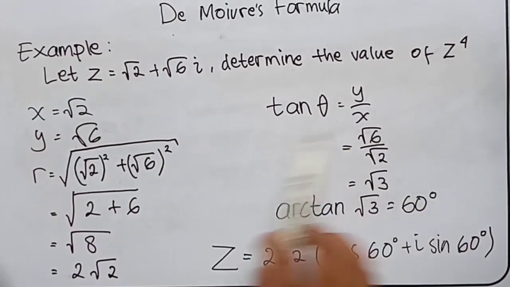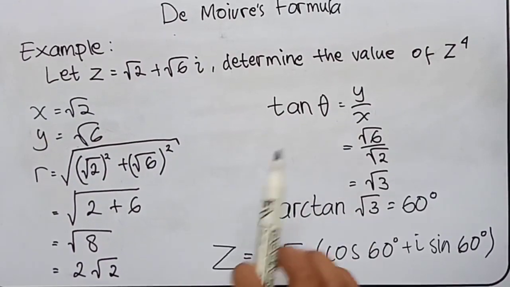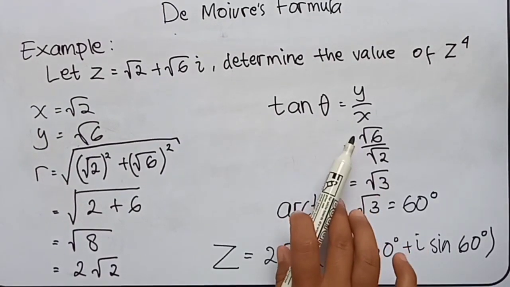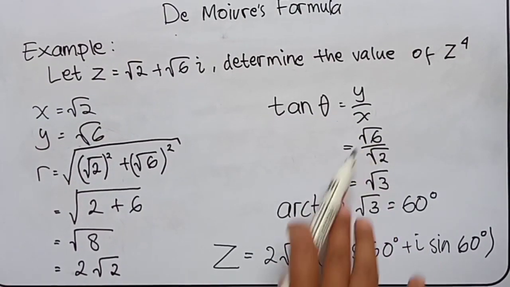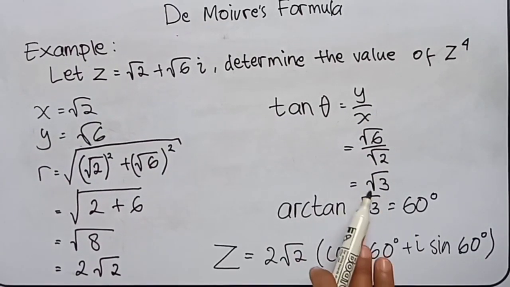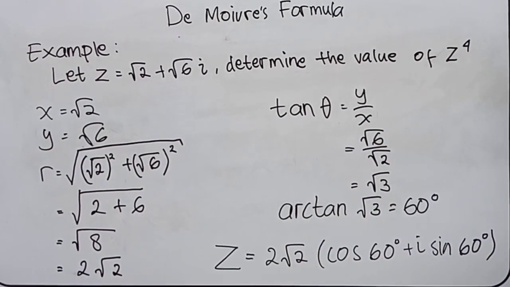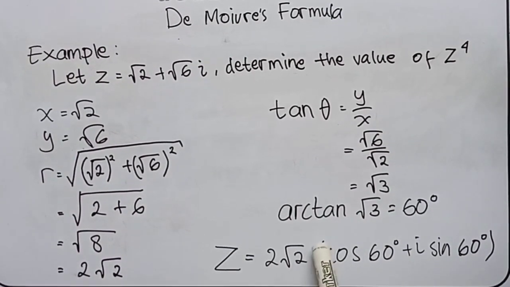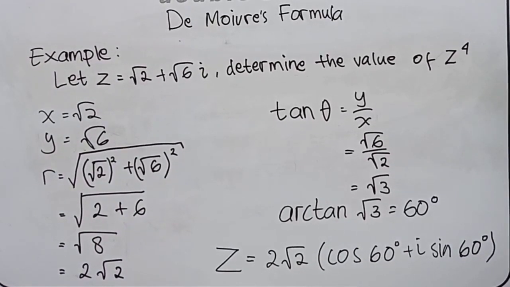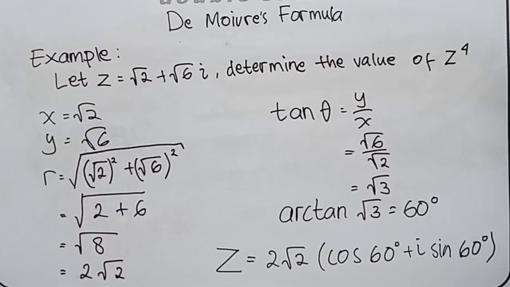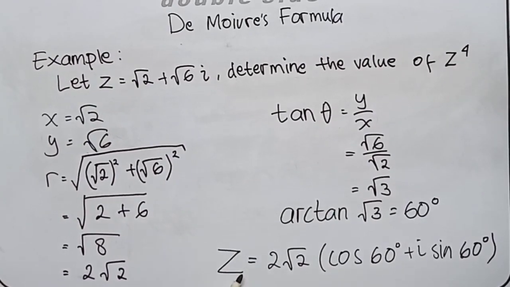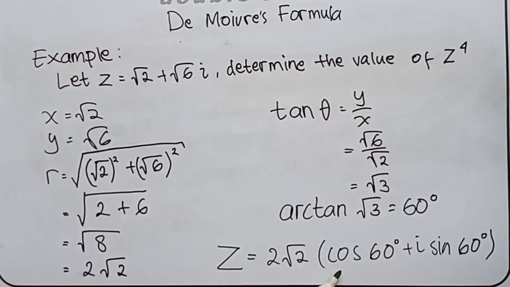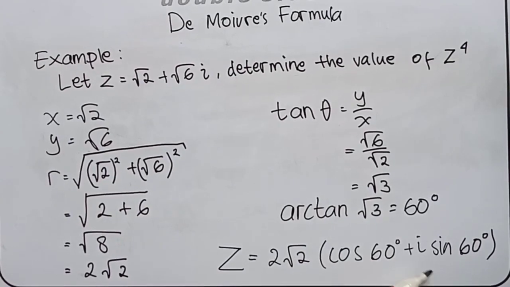And then find theta by knowing tangent theta. Tangent theta is equal to y over x, the square root of 6 over the square root of 2. Here we have the square root of 3. And to find theta, we use arctan. Arctan of square root of 3 is equal to 60 degrees. So here we have z equal to 2 square root of 2 times cosine 60 plus i sine 60.